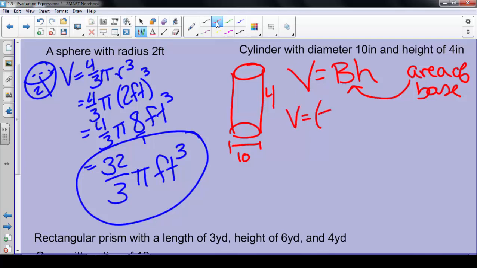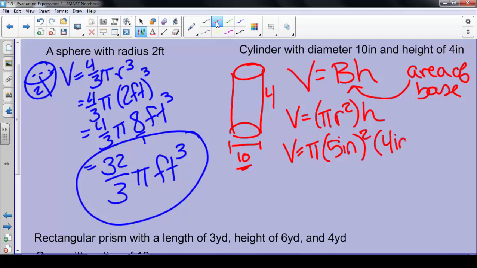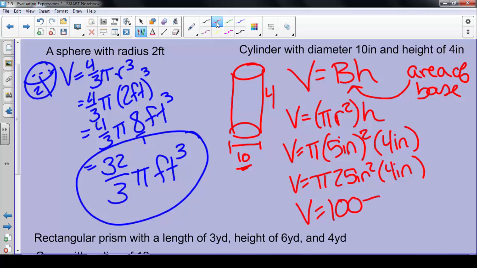So instead of B, we do the area of a circle, pi r squared, times our height. So pi times our radius. Remember, our diameter was 10, so our radius is 5 inches squared, times our height of 4 inches. Four times 25 is 100. We can leave our pi and then inches cubed, because inches squared times inches gives us our inches cubed.